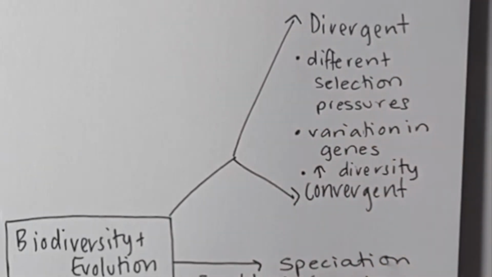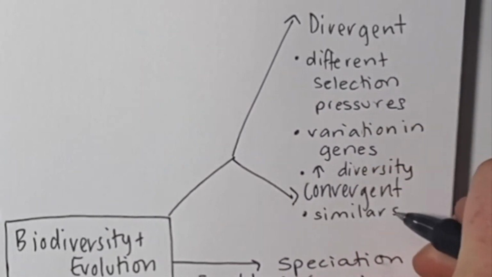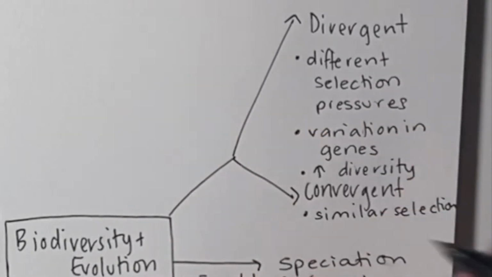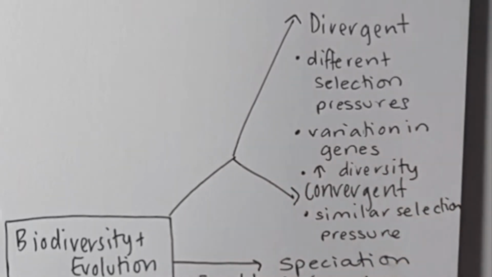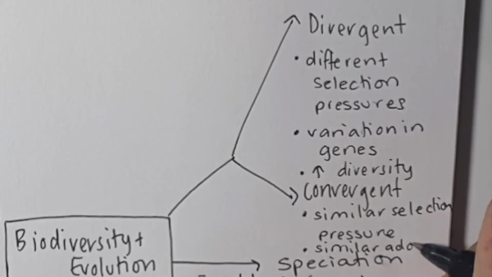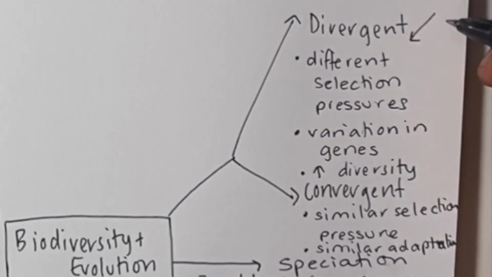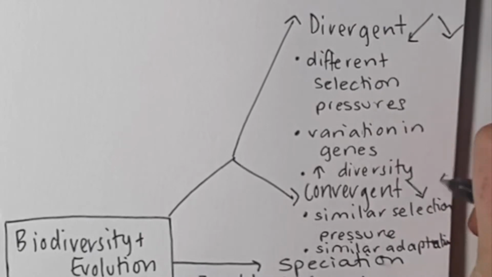So one species becomes two different species in divergent evolution. Convergent evolution is where similar selection pressures are applied to different organisms of different species and they result in similar adaptations to their ecological niche. So remember, divergent is moving apart, whereas convergent is moving together.